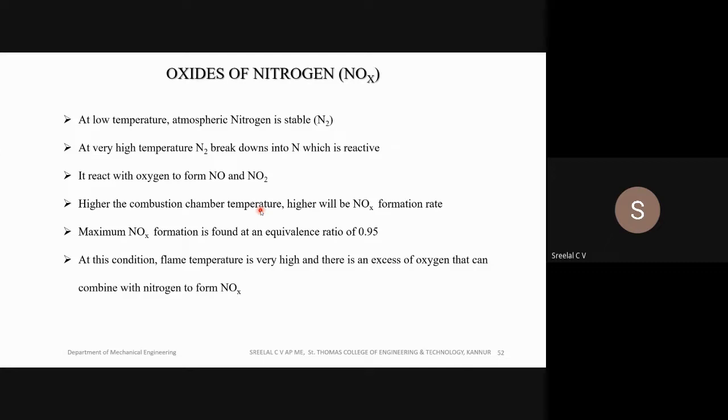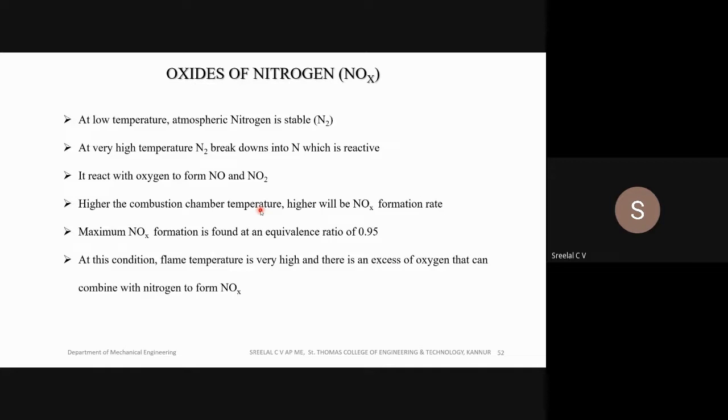The higher the combustion chamber temperature, the higher the NOx formation rate, because at high temperature the dissociation of diatomic nitrogen into monoatomic nitrogen takes place. And the maximum NOx formation is found at an equivalence ratio of 0.95.